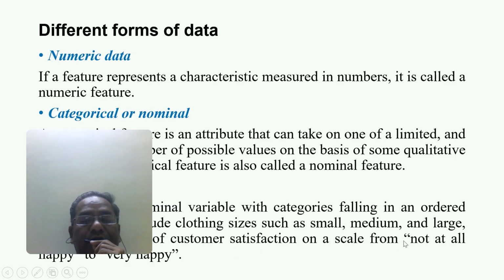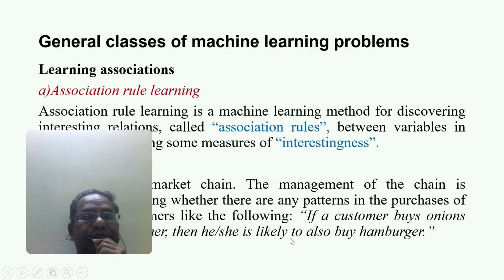And the scale of points will be identified in two cases. One is not at all happy, or very happy.